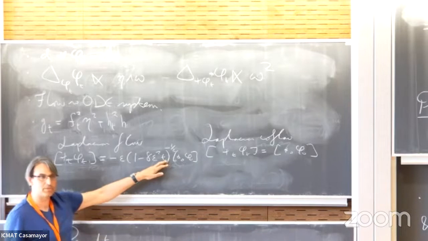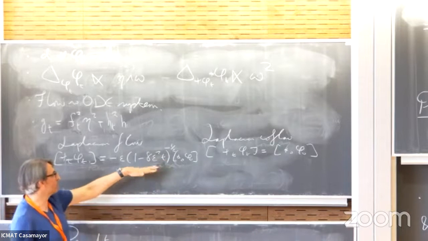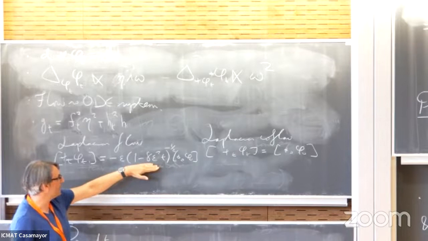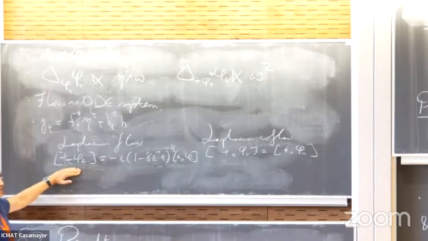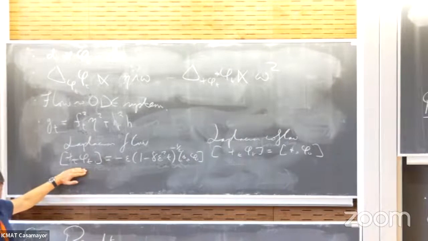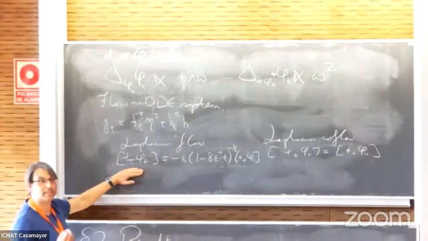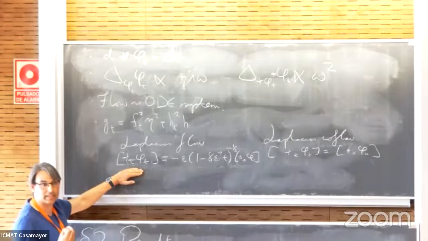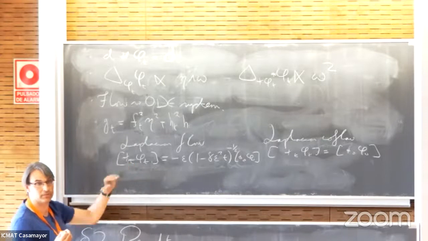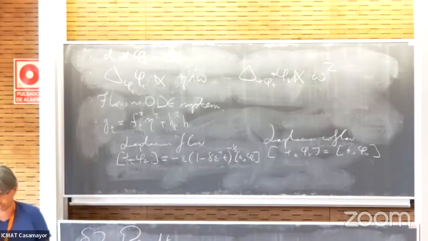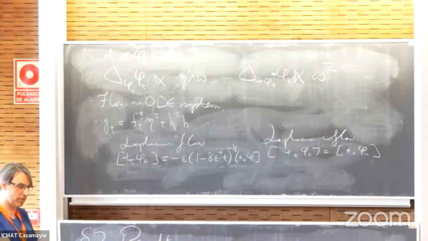Remember, that was the time when the flow explodes. It's 1/8 epsilon squared. It's not so important, but what's important is that if I only told you how the cohomology class is moving, you would know when the singularity happens. And that's the same thing as in Calabi-Yau flow. When you have the Calabi-Yau flow, if you have at least definite C1, then you can tell when the flow will stop existing just from looking at how the class of omega is moving inside the Kähler cone.